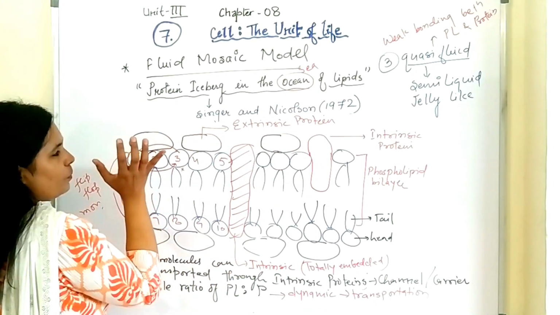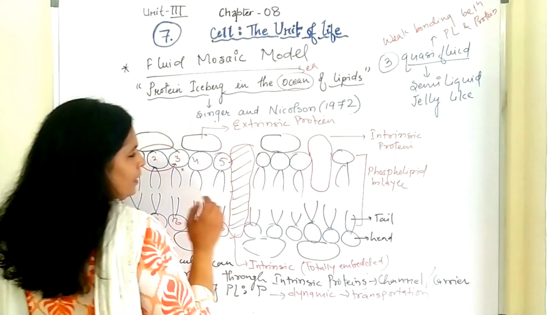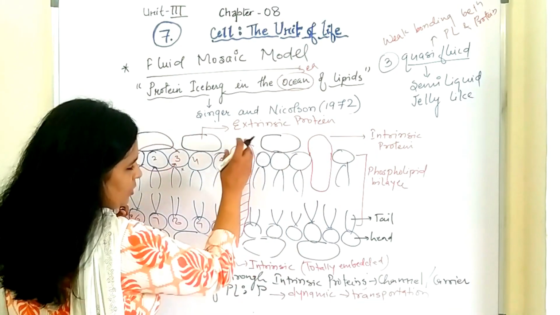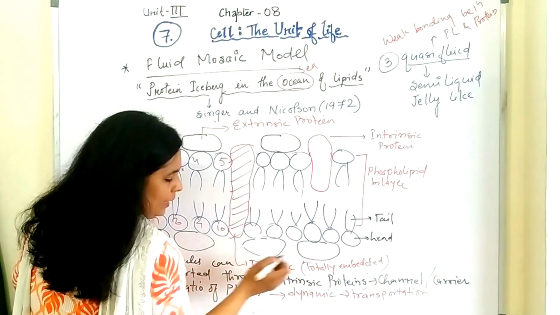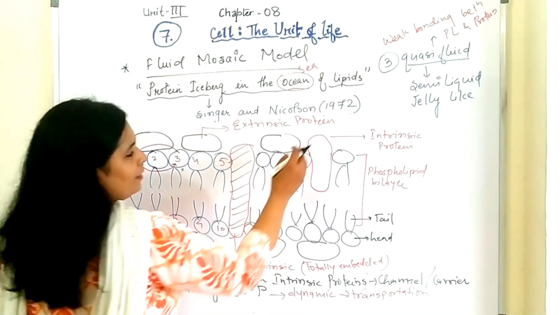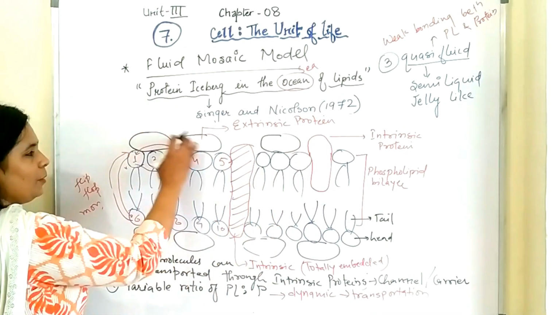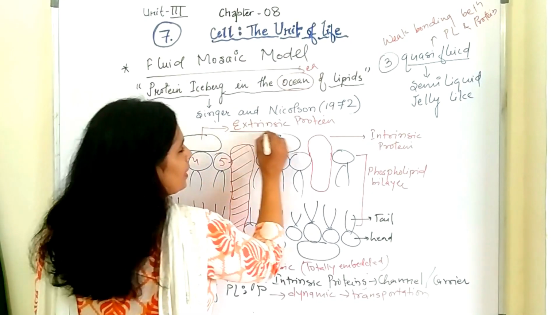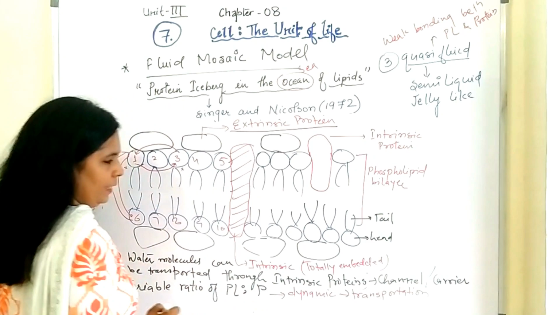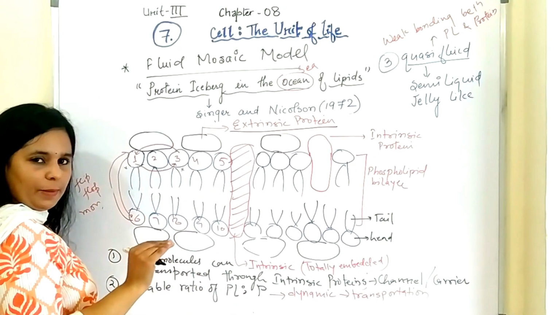According to him, protein are of two types, extrinsic and intrinsic. Intrinsic may be which is completely inside the membrane, it is called totally embedded intrinsic, and some are partially embedded. The other proteins which are loosely and superficially arranged, those are the extrinsic protein. And the phospholipid will show the movement.